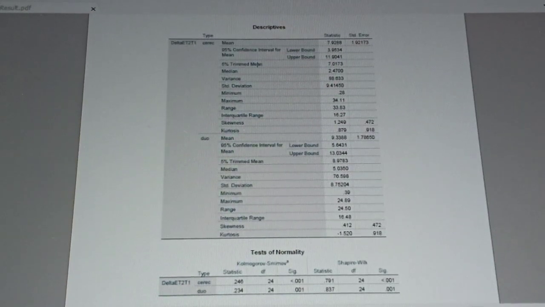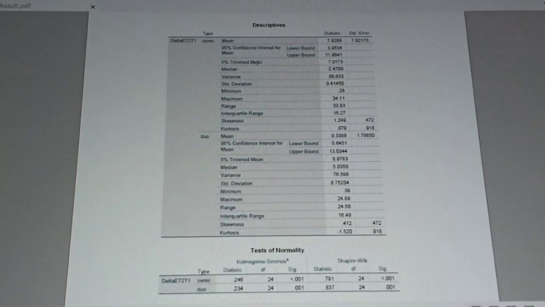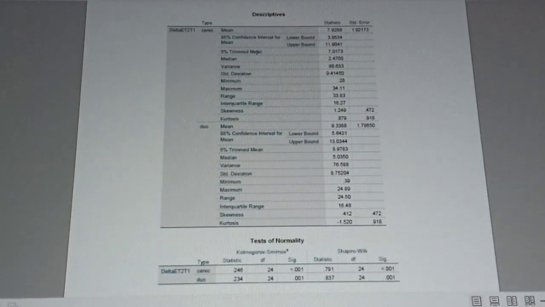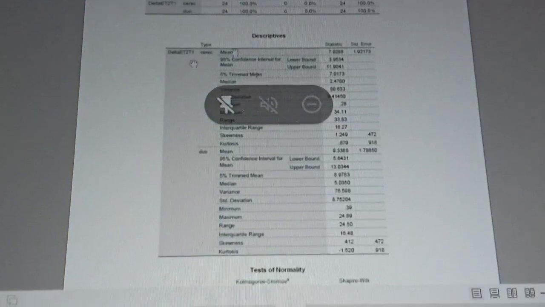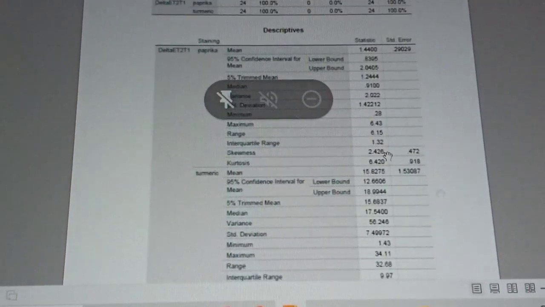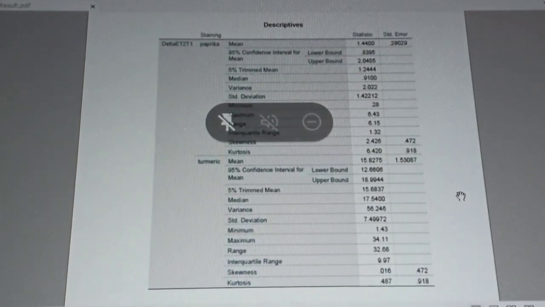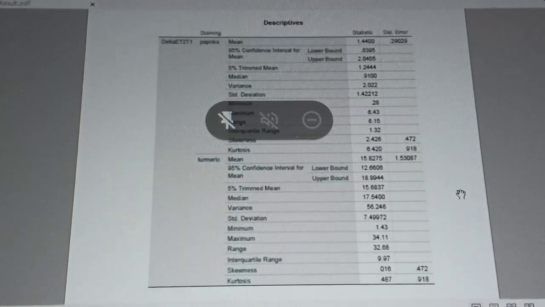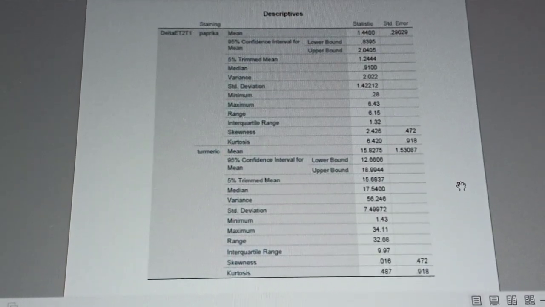All right. So in this case, for the first one, what was it just now? The staining. The first one was okay. Both are considered normal. The second one wasn't normal, but we take the rule of majority that the other one is normal.